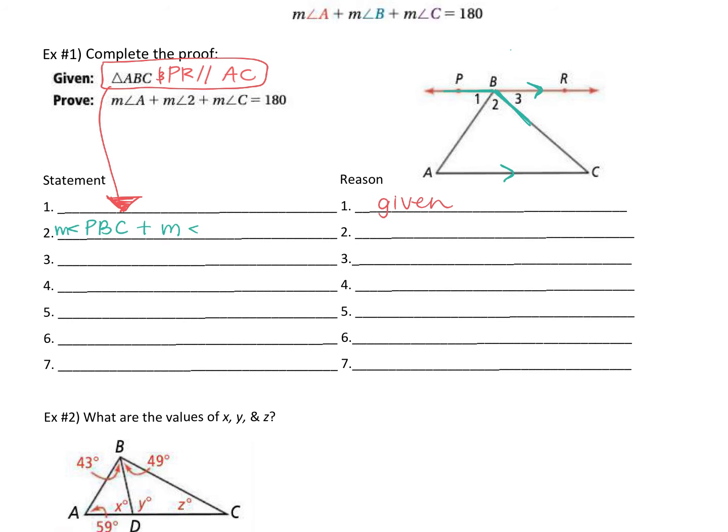What do you prefer? RBC. Okay, if I add that bluish angle to this red angle, what should they equal? 180, yes. Those two added together are going to equal 180.